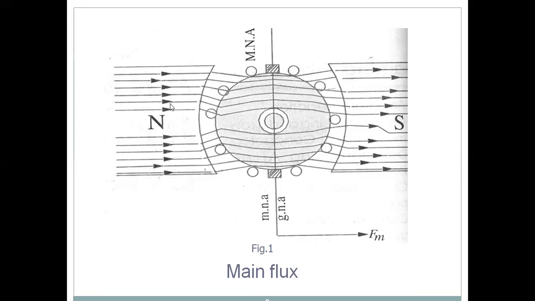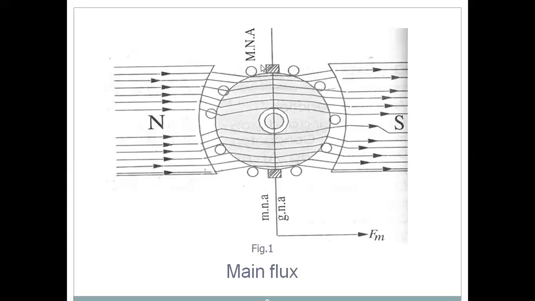Geometrical means physical: physically, how the poles are placed. At the time of manufacturing, these physical poles are fixed. Then the geometrical neutral axis is fixed. But the MNA will change. Why is it changed? Now it is not changed during this explanation. Why?